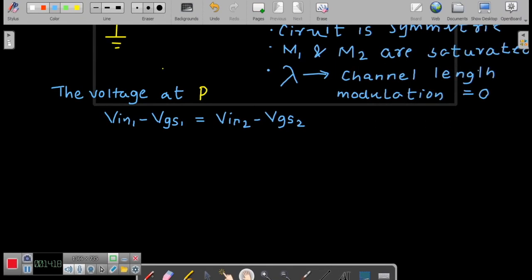So now from here I should be able to write, these are simple mathematical manipulations, Vin1 minus Vin2 is equal to VGS1 minus VGS2.